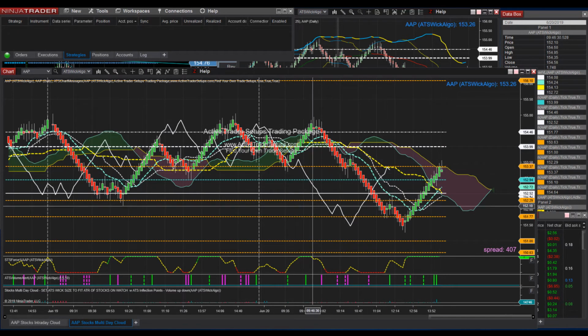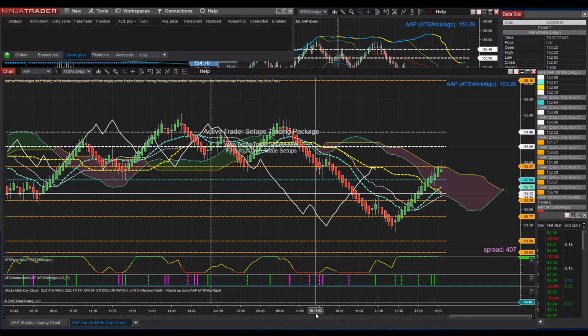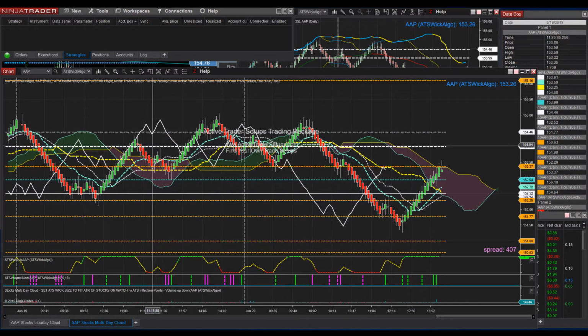This is AAP, so first stock we're going to take a look at. Now this morning, y'all know one of my favorite trades is pulling back into this flat yellow line right here. This is from yesterday. I like this trade setup, and this was kind of an opposite setup. It didn't go all the way up to the line, but the cloud had twisted by the time this was going on.